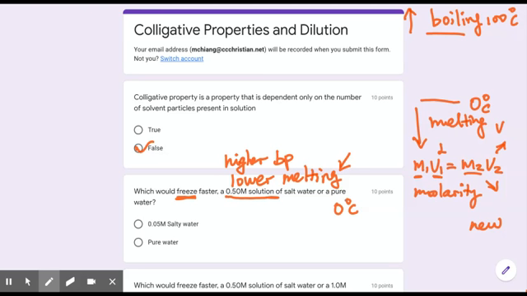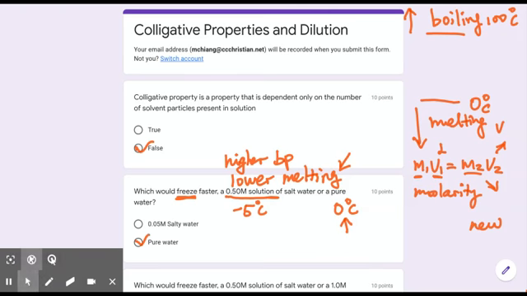So if the 0.5 molarity solution has a lower melting point, I would just assume it will need -5 degrees. Which one is going to freeze faster? 0 degrees, because it's faster to reach 0 than to reach -5 degrees, right? So your answer is pure water.